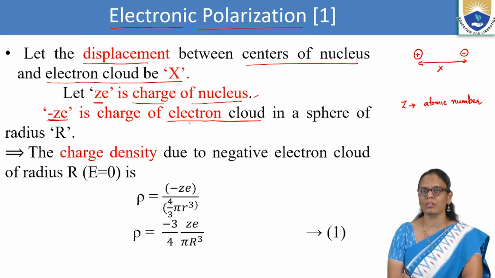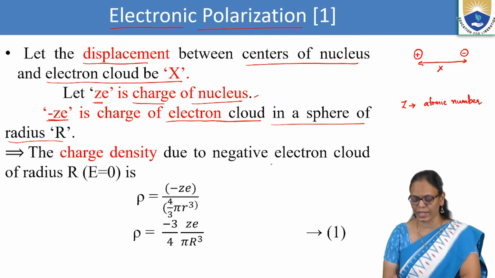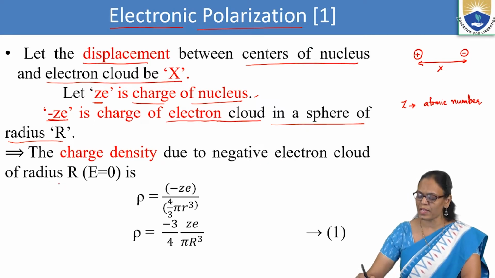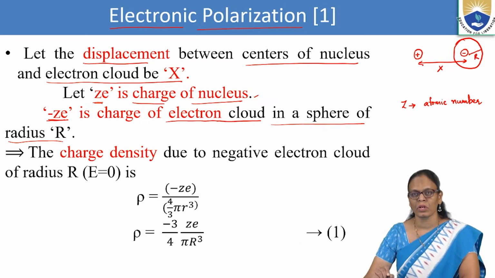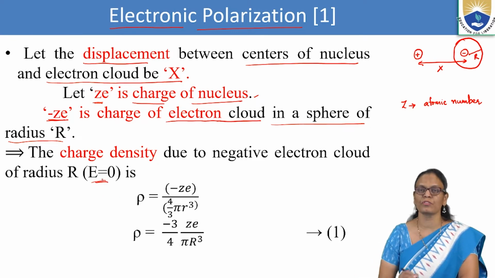And this electron cloud is enclosed in a sphere of radius R. I am considering this negative electron cloud like this, whose radius is capital R. There is no external electric field.